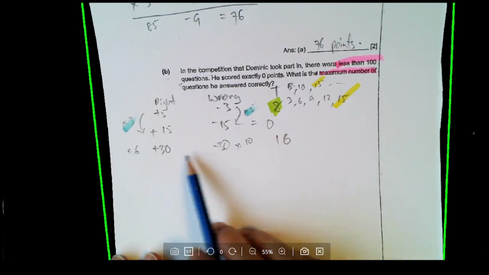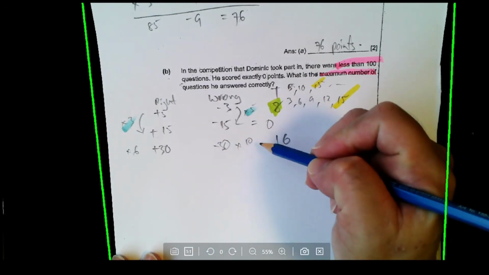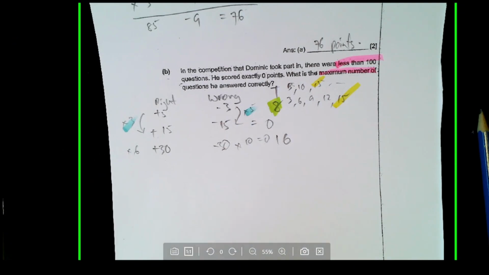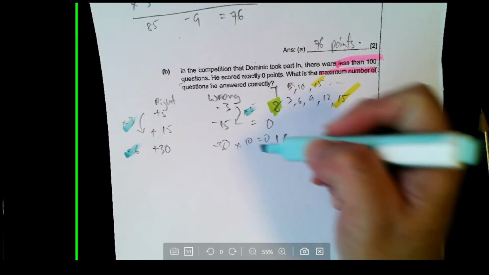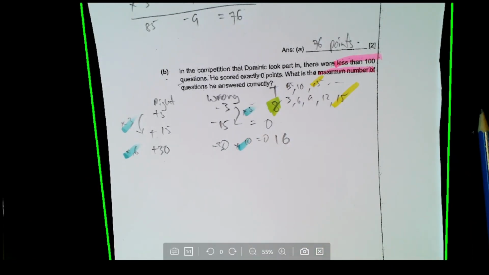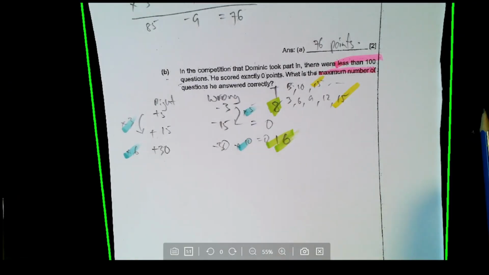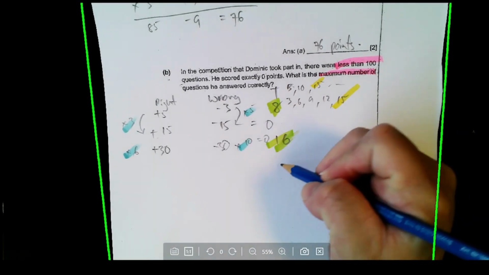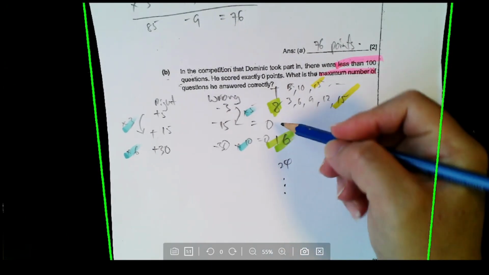So plus 30 minus 30, once again, you get 0. How many questions? 6 correct, 10 wrong, 16. Then you get another 8 questions. You get 24.